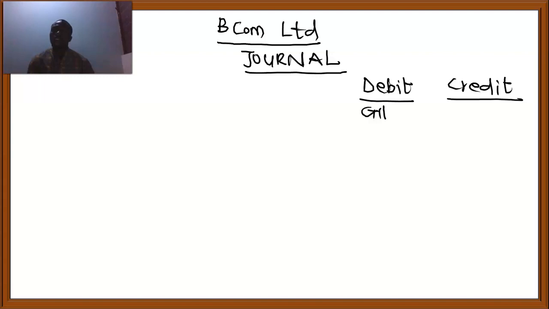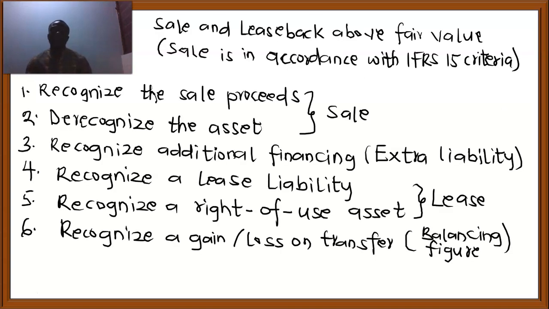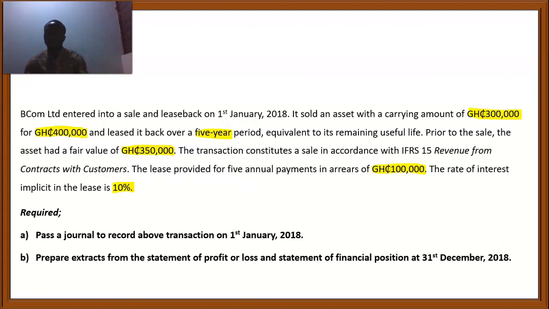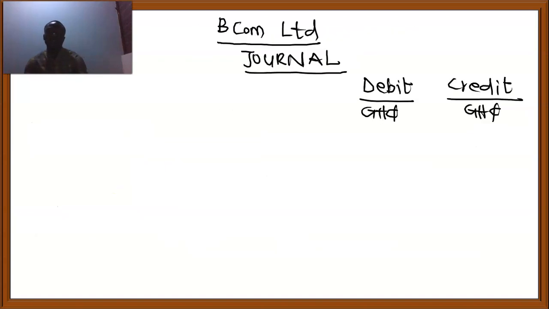Bring our currency signs here. The first step says we should recognize the sale proceeds. We are told that the asset was sold for 400,000. So we have cash or bank. We recognize the sale proceeds of 400,000 because it's a receipt, on the debit side.